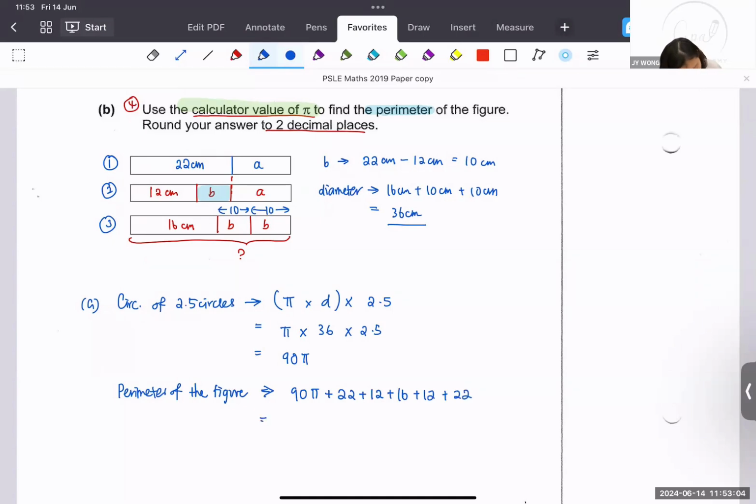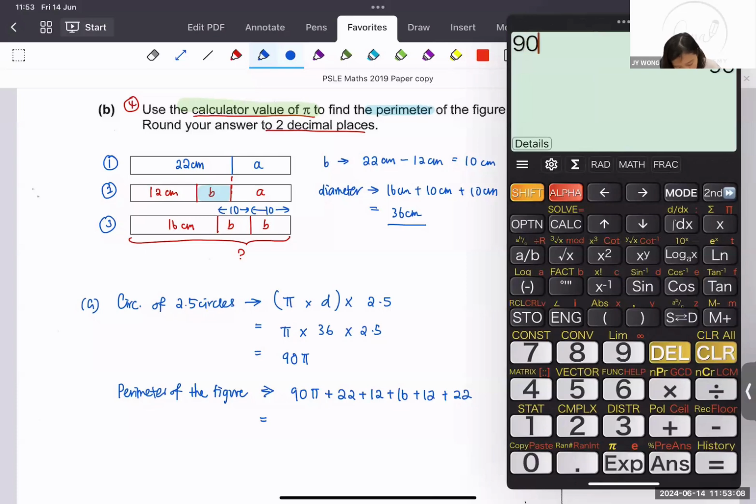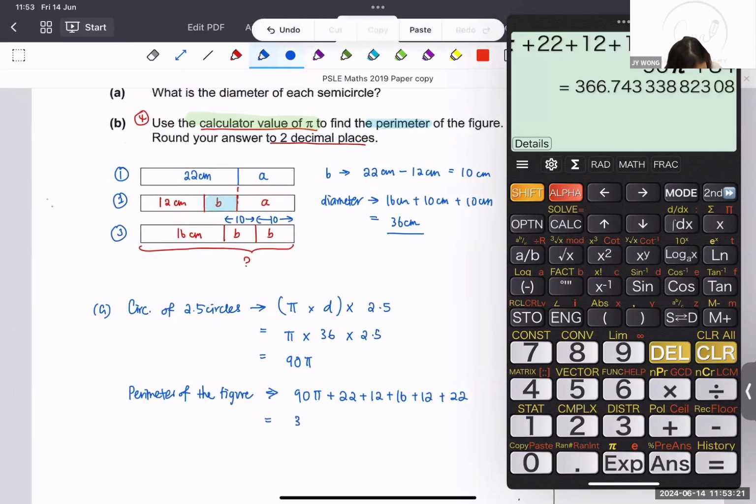If you add this whole thing to calculator, I'm showing you how you should be keying your calculator. So you can key 90 pi. You see a long string of numbers. Then you just continue adding all the numbers that you're supposed to add, all the straight lines.